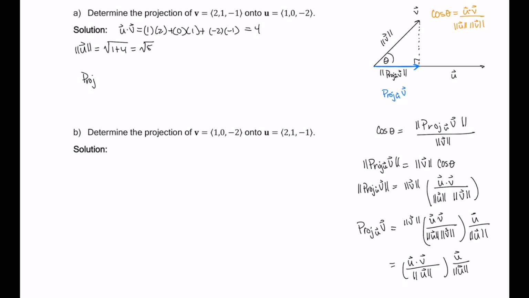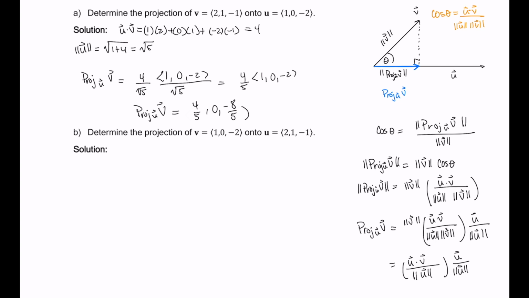So the projection of v onto u is equal to this dot product 4 over the square root of 5 times our vector 1, 0, negative 2 divided by its magnitude here. So this becomes 4 over 5 times 1, 0, negative 2. So the projection of v onto u is equal to 4 over 5, comma 0, comma negative 8 over 5.